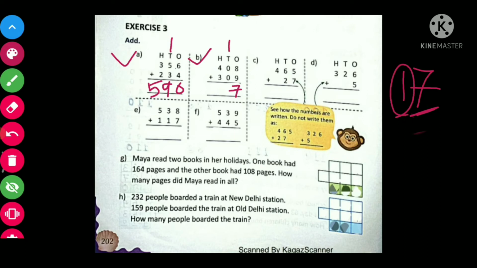Now see, in tens place 1 plus 0, it will be 1. Again with 0, if we add again, we'll get what? 1. So here we'll write 1. Now see, in 100 place 4 and 3 is there. So 4 plus 3, it will be how much? 7. So our answer will be what? 717, right?